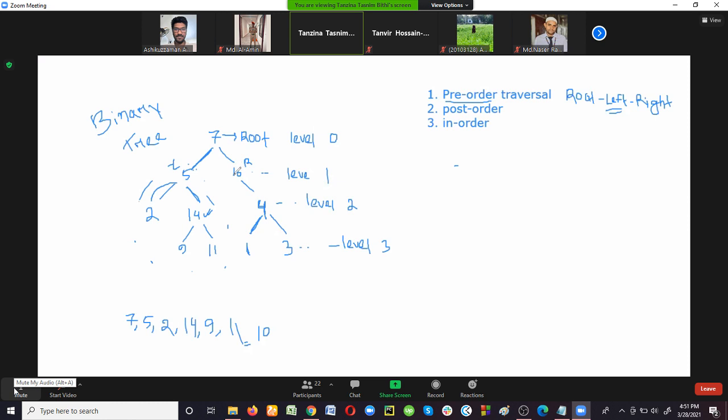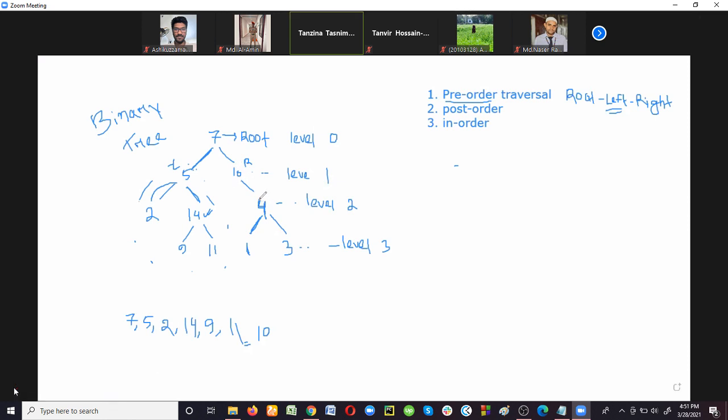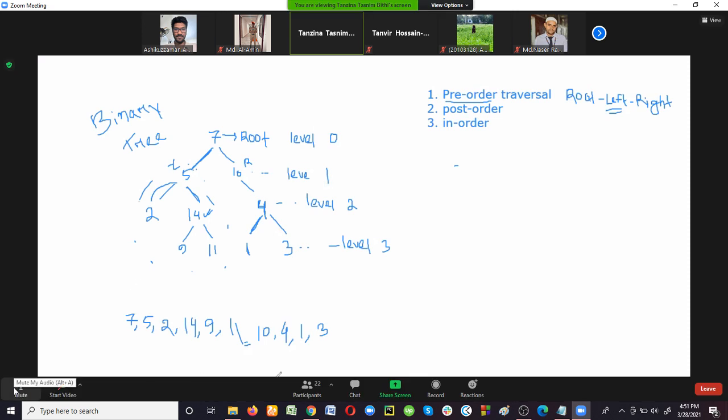So now we can take the right child of that node, which is 4. It's also a parent node. After taking 4, we will take its left child 1, and then the right child of that node, 3. So how many elements have we taken in this sequence? Total 10 elements. That means all the elements of that structure are traversed.